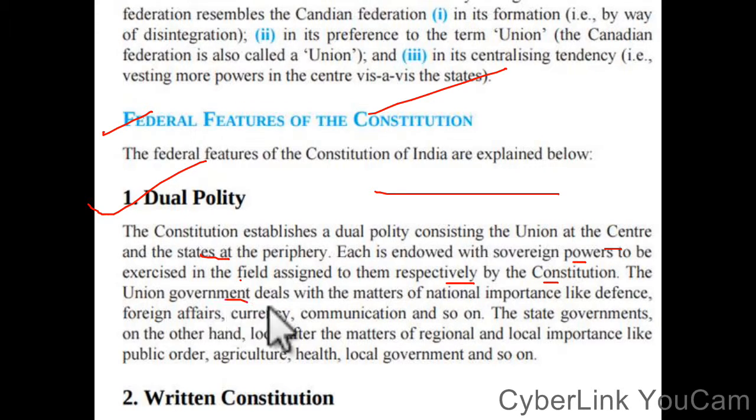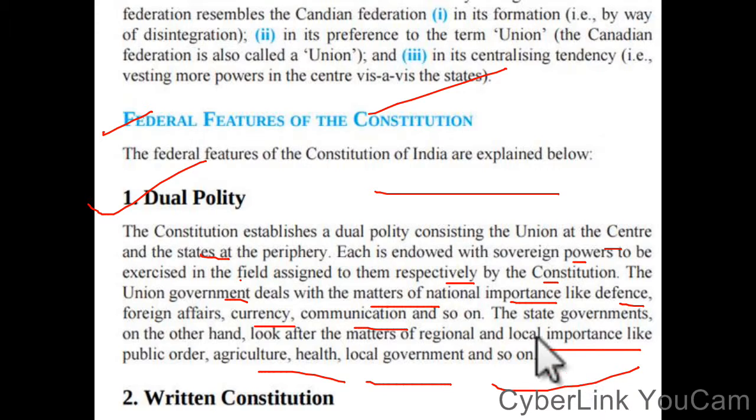The Indian government deals with matters of national importance, like defense, foreign affairs, currency, communication, and so on. The state governments, on the other hand, look after matters of regional and local importance, like public order, agriculture, health, local government, and so on.